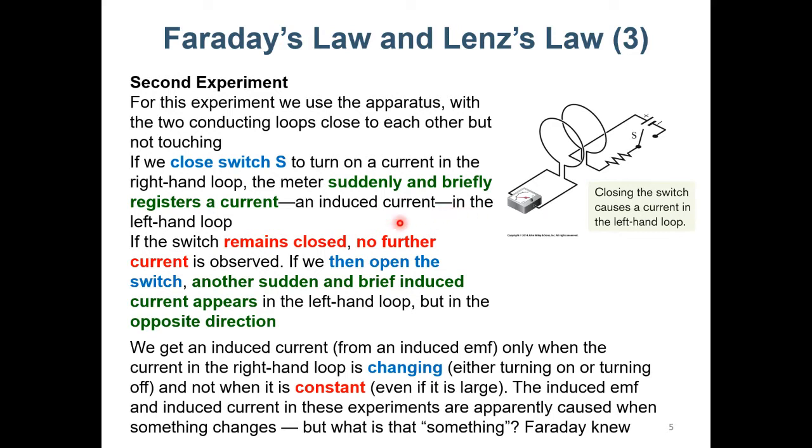an induced current in the left-hand loop, which means if this switch is open, there will be no current. So there will be no magnetic field generated by this loop, and this one doesn't have current. If you turn this on, which means you close this switch, then there will be a sudden and brief registered current.